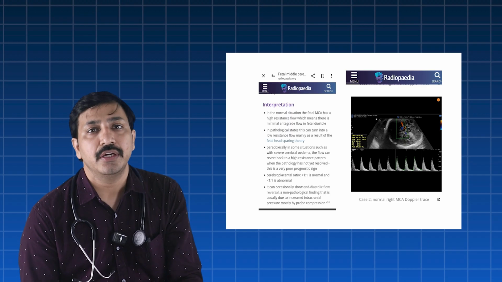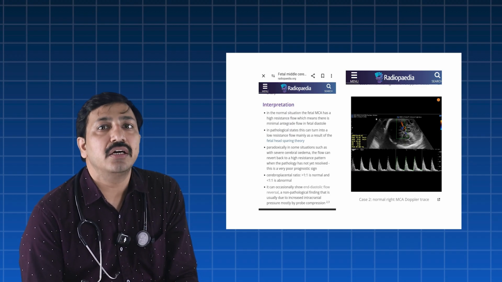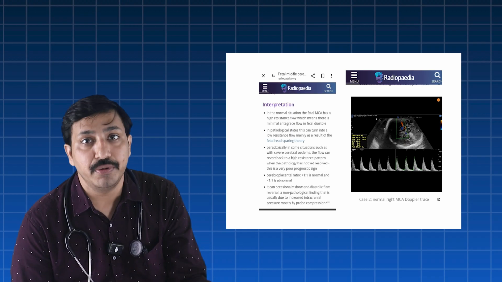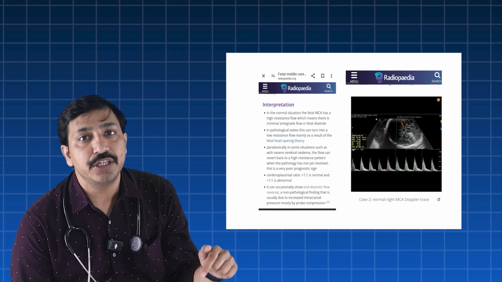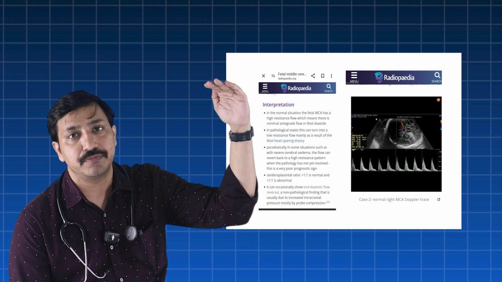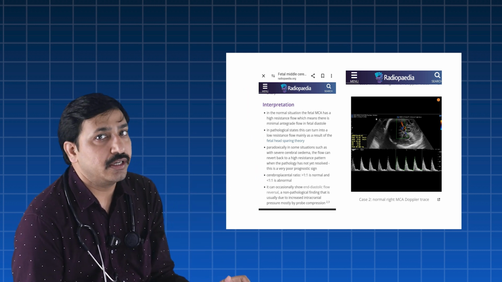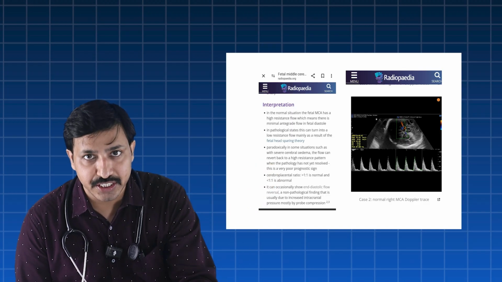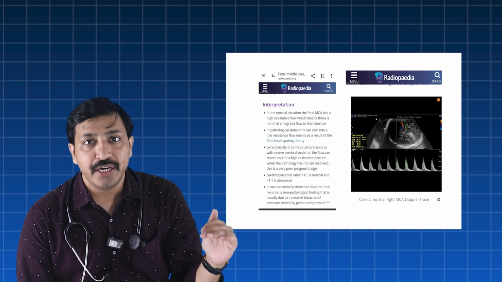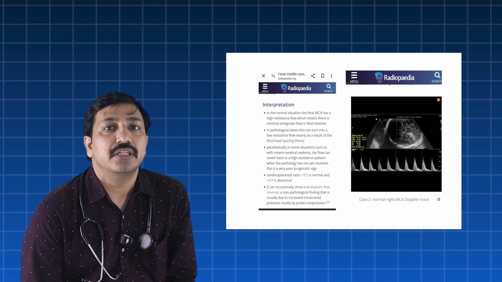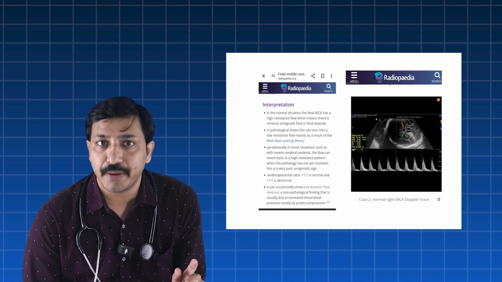Listen one second. When all other organs' diastolic blood flow is decreasing and the brain's diastolic blood flow is increasing, it defines that there is a brain sparing effect happening.